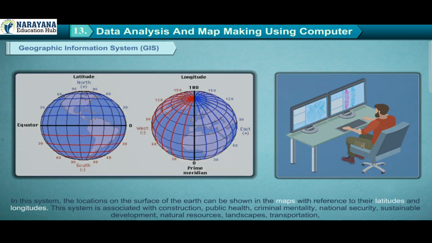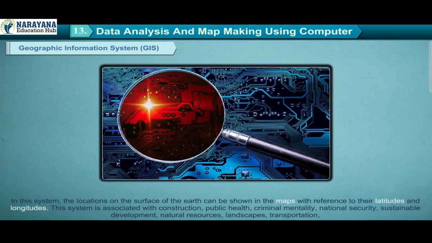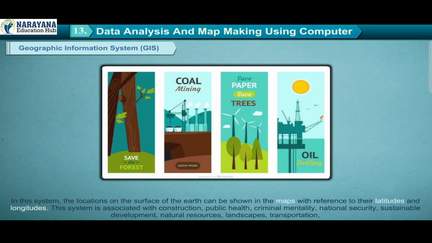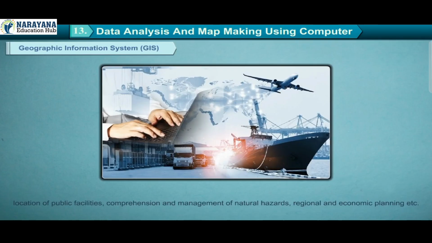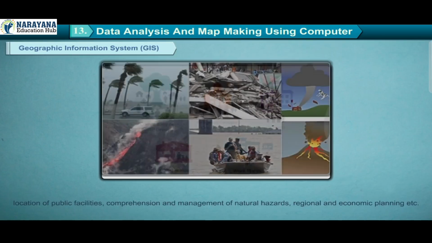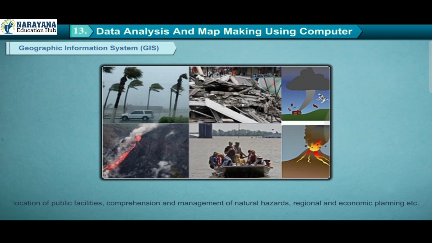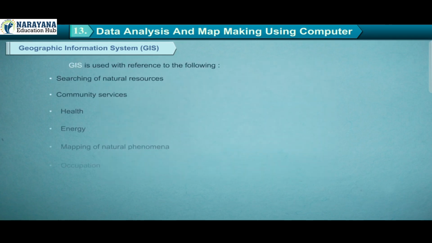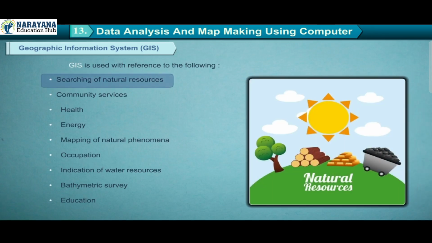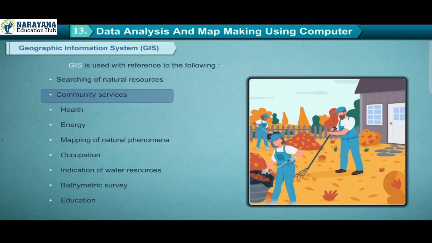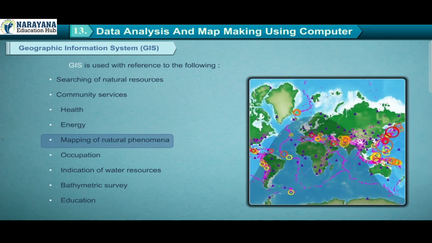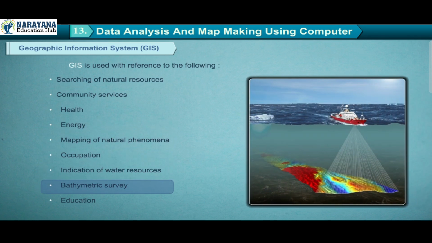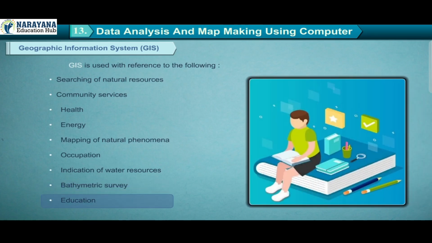This system is associated with construction, public health, criminal mentality, national security, sustainable development, natural resources, landscapes, transportation, location of public facilities, comprehension and management of natural hazards, regional and economic planning, etc. GIS is used with reference to the following: searching of natural resources, community services, health, energy, mapping of natural phenomena, occupation, indication of water resources, bathymetric survey, education.